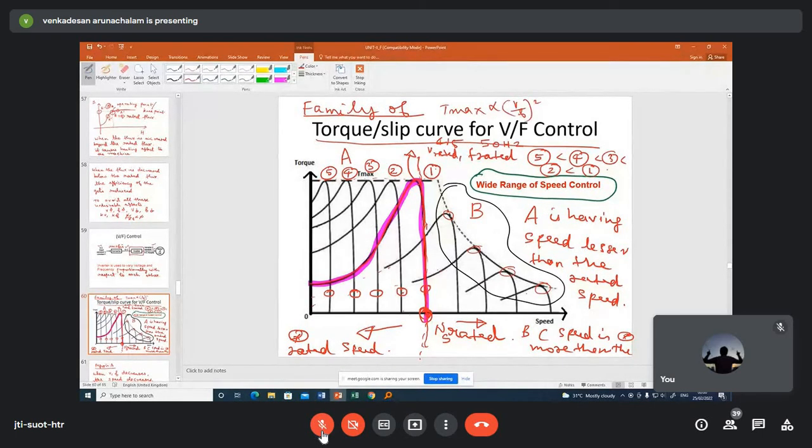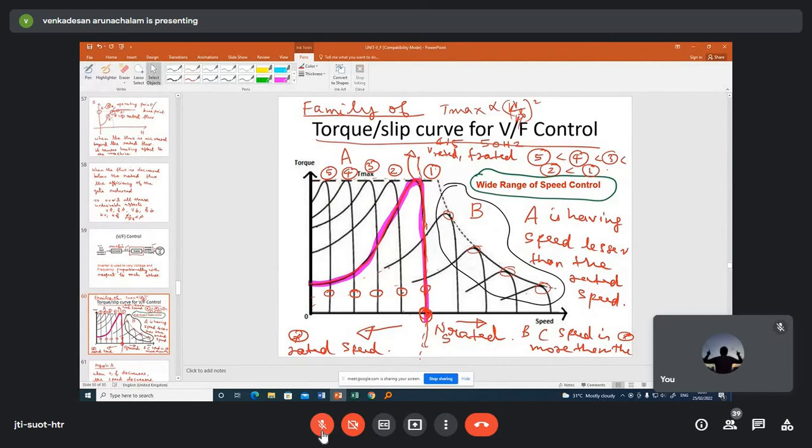When you decrease the frequency along with the voltage in proportion, suppose you decrease F by K times, you can decrease V by K times. So K gets cancelled, and the maximum torque remains the same.